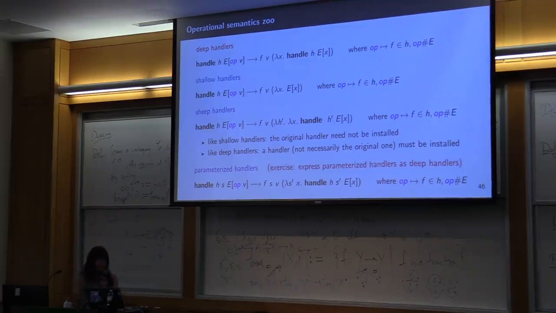I would just add that parameterized handlers do not increase the expressiveness of the handler, because you can still encode the state of the handler as a form of deep handlers. And also, deep handlers are as expressive as shallow handlers, in that they can encode one from the other.